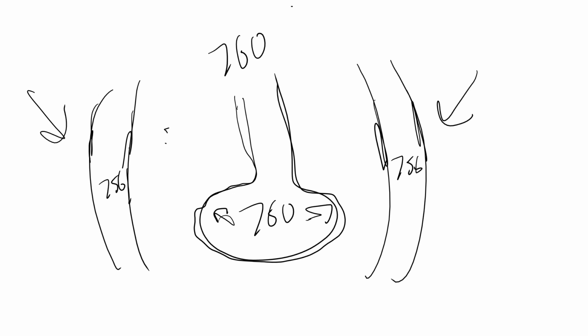The gradient isn't as strong. Transpulmonary pressure has decreased. The air in the alveoli does not want to expand outwards as forcefully anymore, right? Because now there's only a gradient of 4 rather than a gradient of 6 millimeters of mercury.